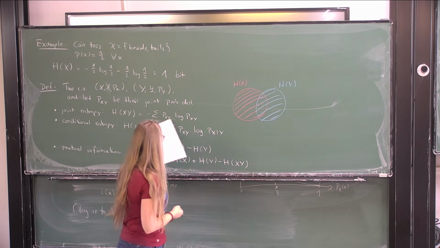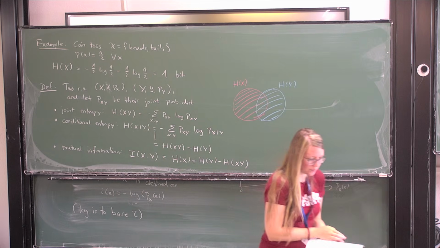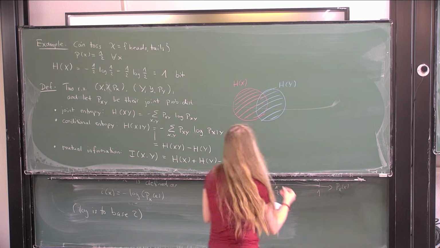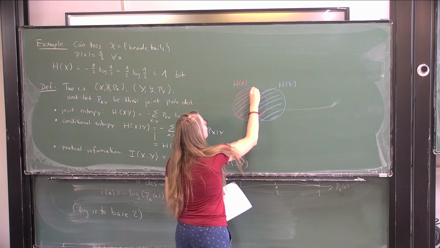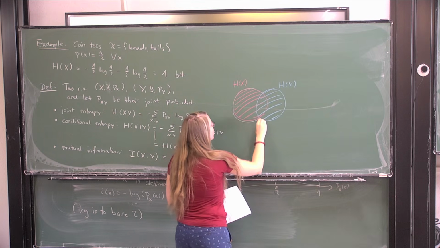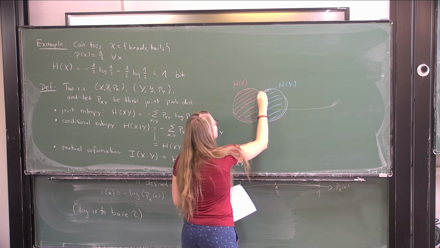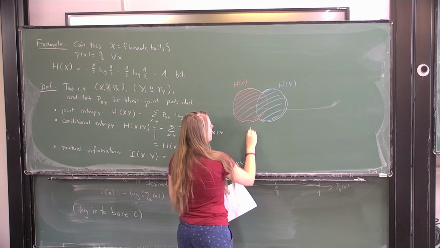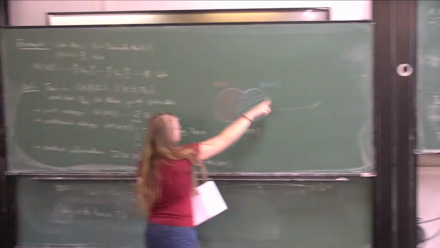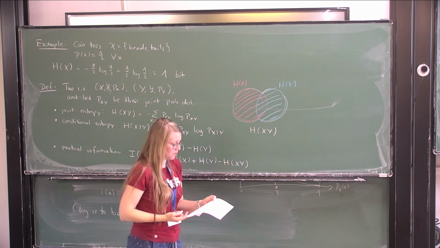And then you can add these other probability distributions. So the union of these sets would be the joint entropy, so it takes all the information that is present in both of them.